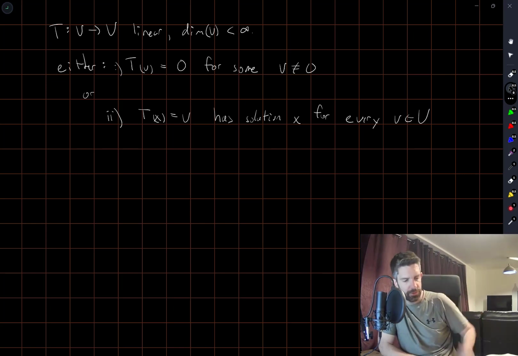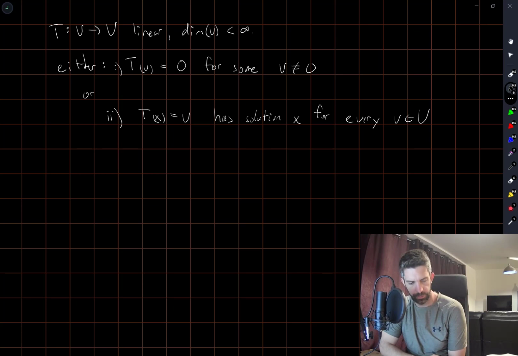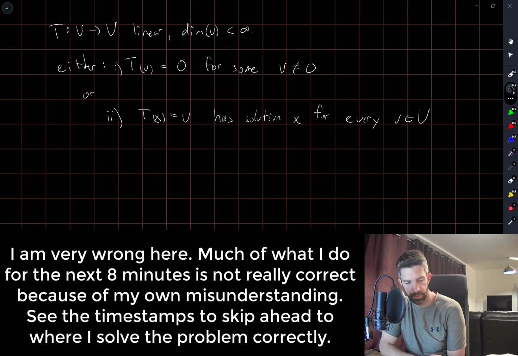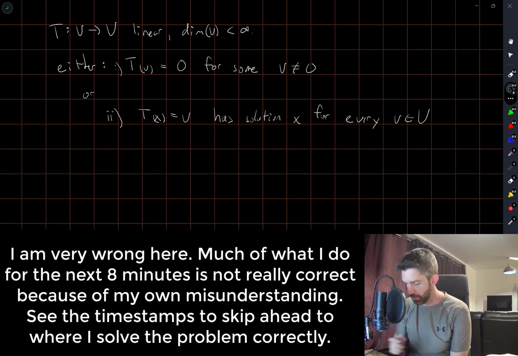So, wait, is this even true? As it's worded, this isn't exactly true unless this condition requires the solution to be unique.